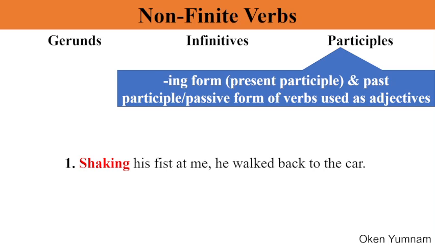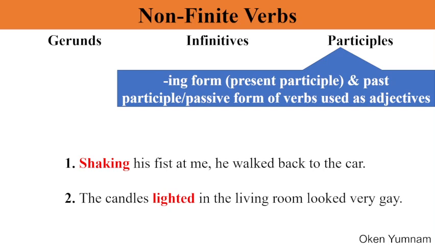Shaking fist. So this shaking is acting as an adjective, so it's a participle. Again, look here. The candles lighted in the living room looked very gay. The candles, what candles? Lighted candles. Here, lighted is a past participle acting as an adjective. So this is a participle. That's the difference between gerund and participle. Gerunds act as nouns. Participles act as adjectives.